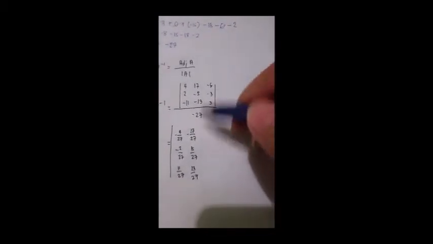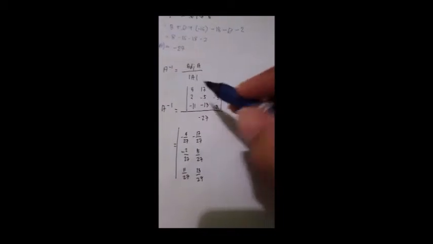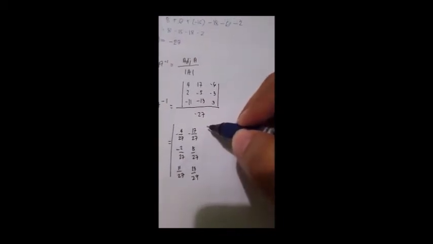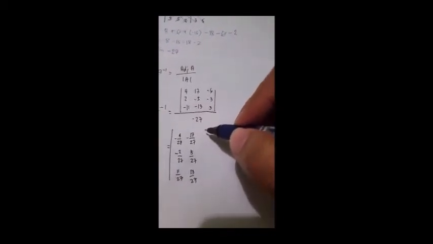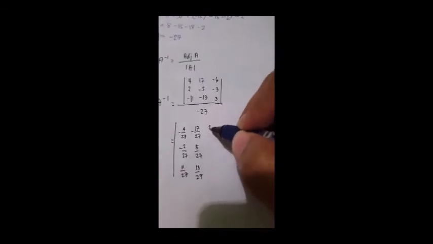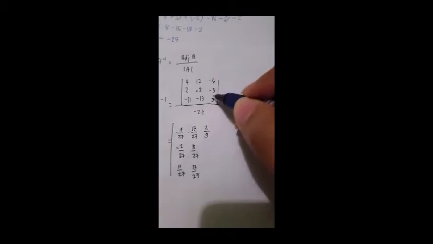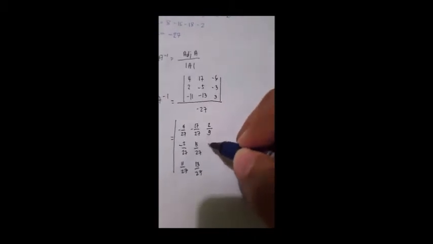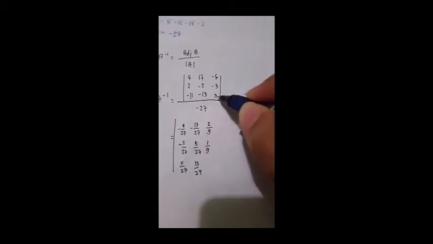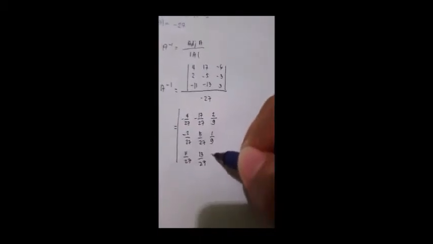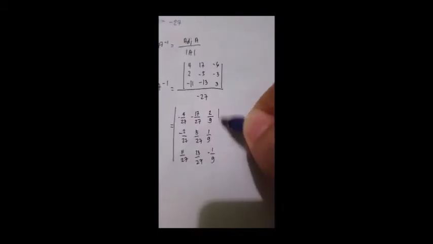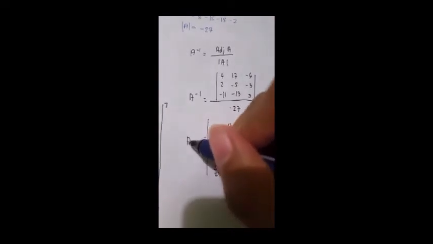That will make it 6 over 27, or pwede natin siyang i-lowest term. So, that will be 2 over 9. And negative 3 over 27, that will make it 1 over 9. And 3 over negative 27, that will be negative 1 over 9. So, this will be our final answer.